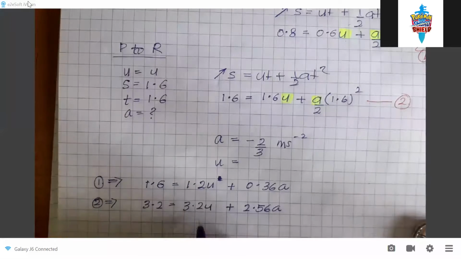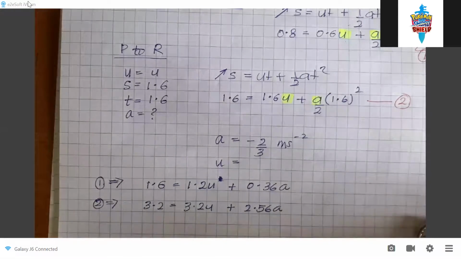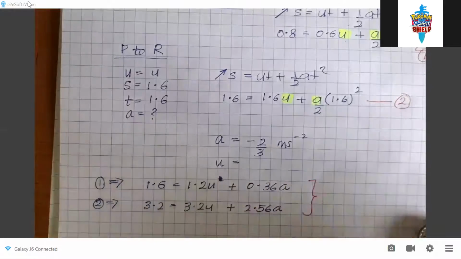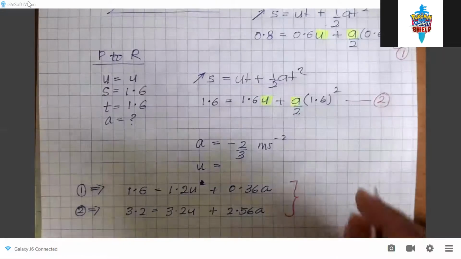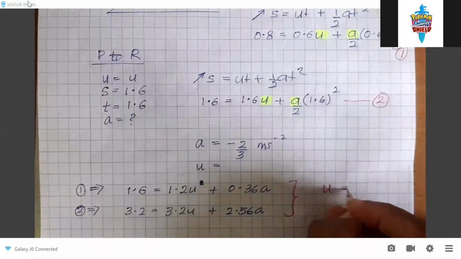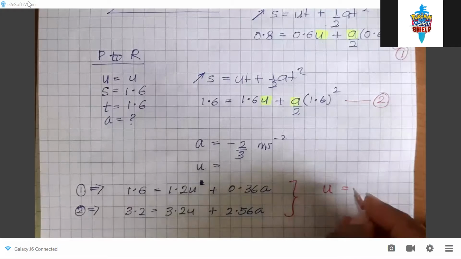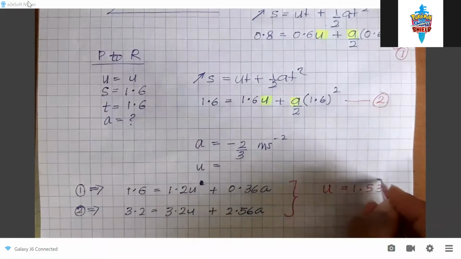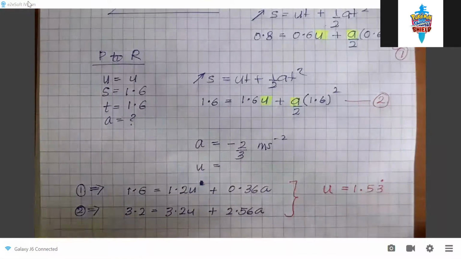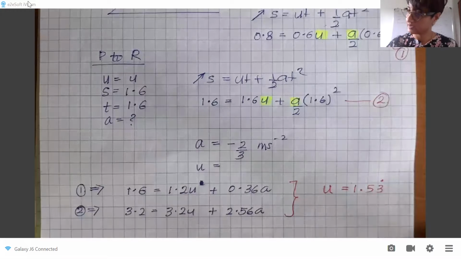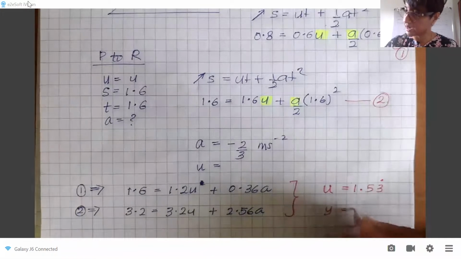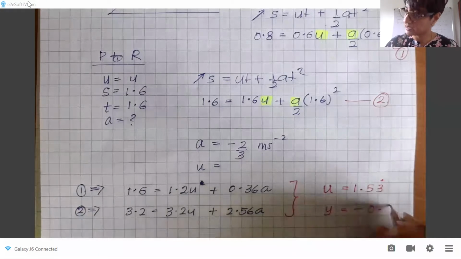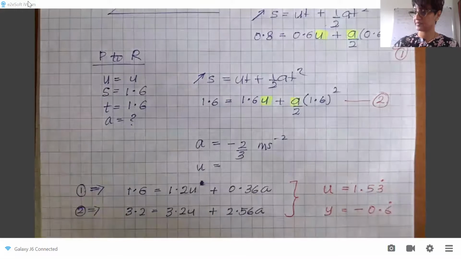Miss, when I solve it by the simultaneous equation way, I get a as minus 2/3, and for the initial speed, I get 1.53. That's right. That's what I get too. And for y, you get minus 0.6 recurring. There you go.